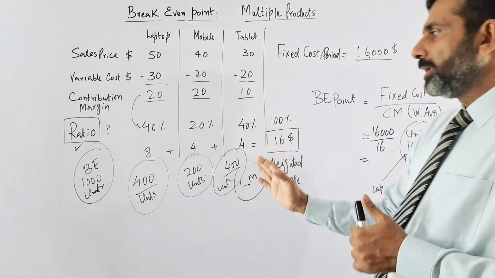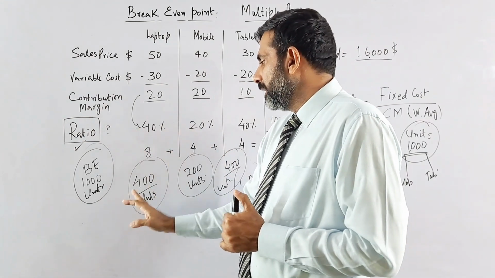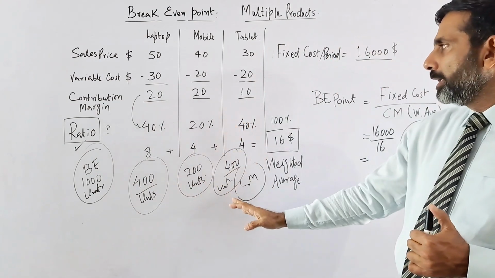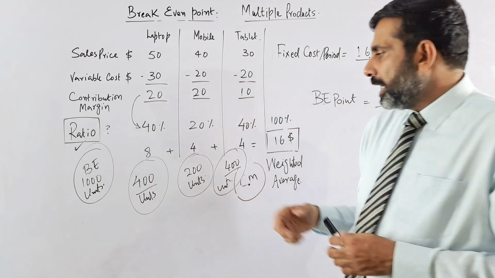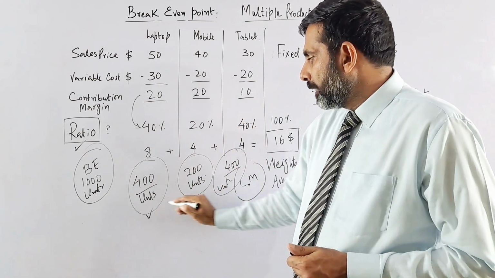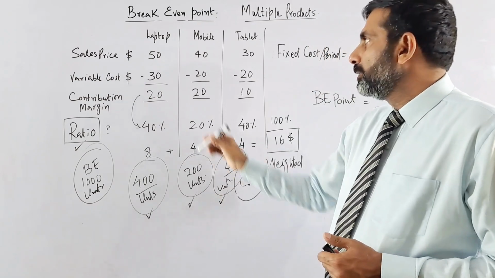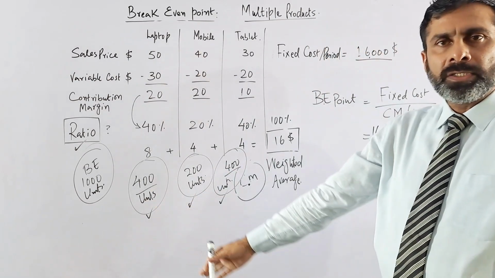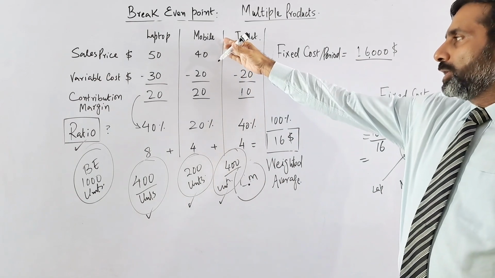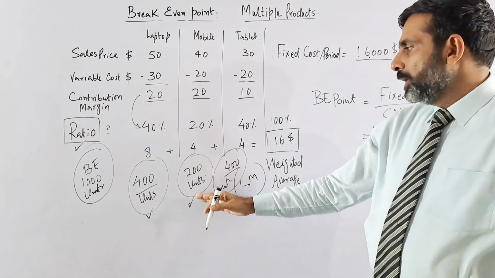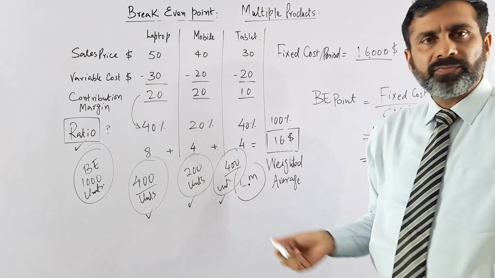Then again we segregate it according to the percentage, like 40% here, 20% here, and 40% here. So this is the answer. 40%, 20% and 40% means laptop 400 units break-even point, for the mobile phone it is 200 units, and for the tablet it is 400 units.